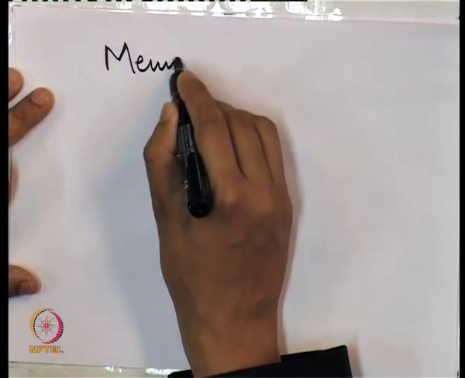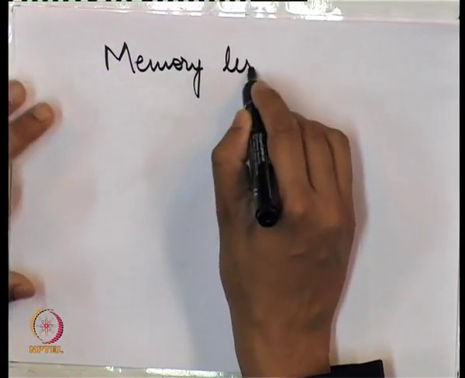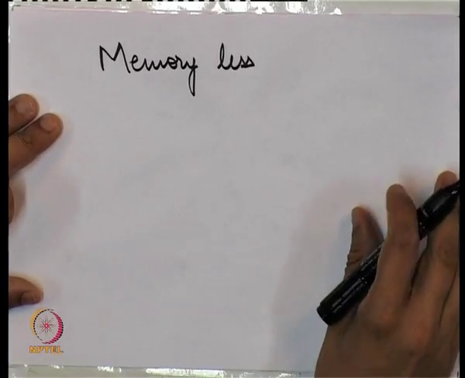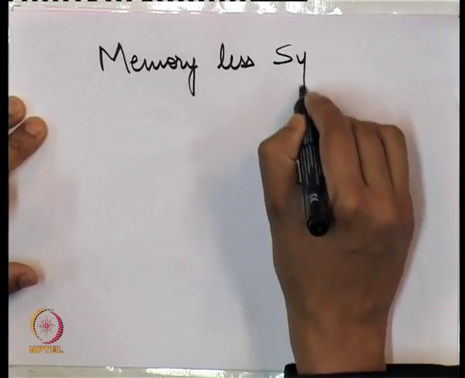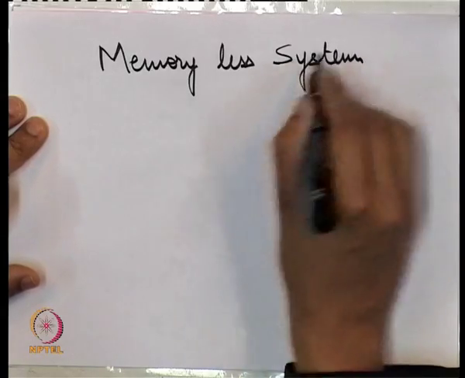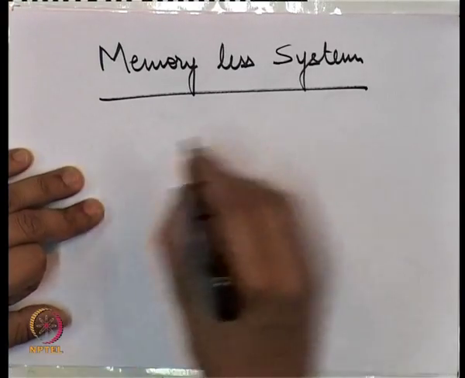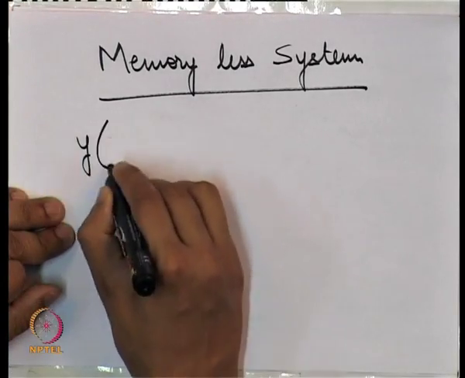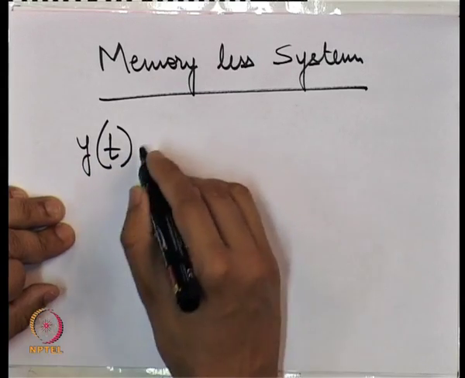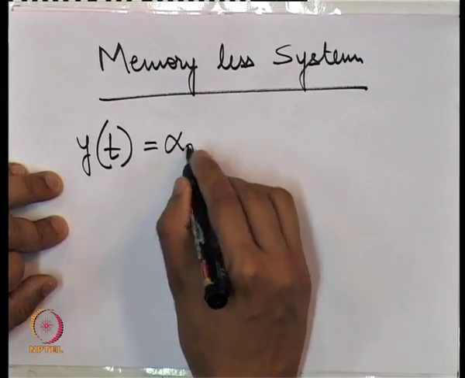So if you consider a memoryless system, now in a memoryless system, the output and input relationships can be written like this.